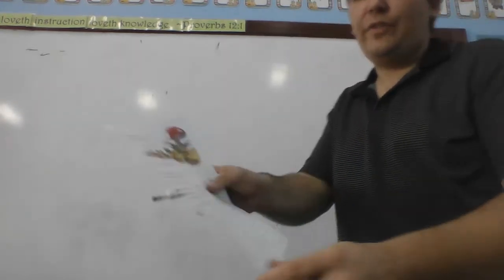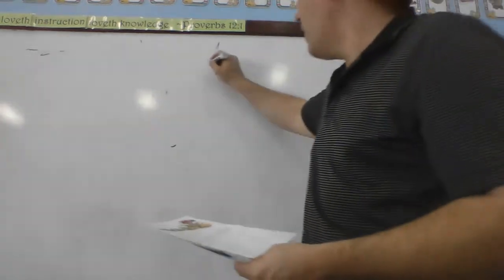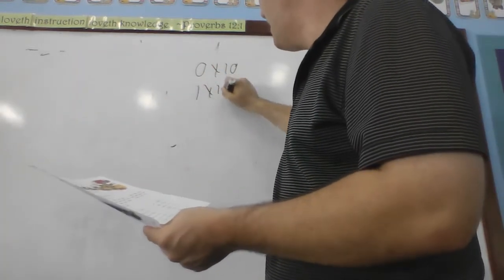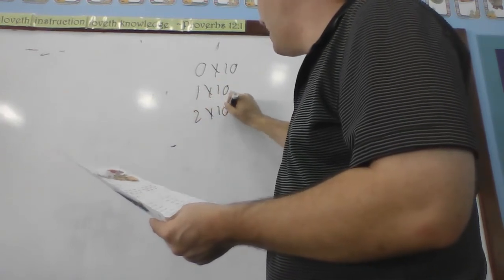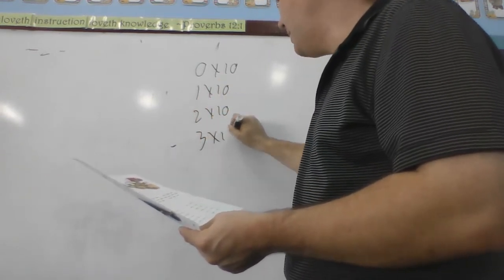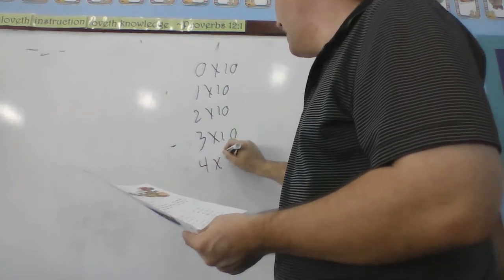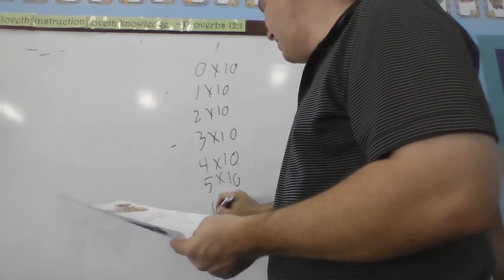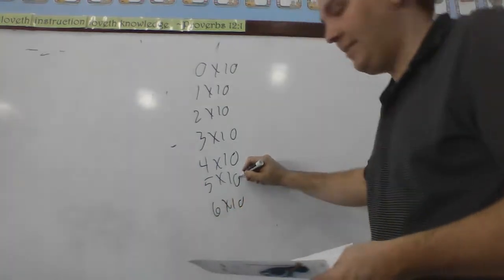let's do this first group here together. We have 0 times 10, 1 times 10, 2 times 10, 3 times 10, 4 times 10, 5 times 10, and 6 times 10.